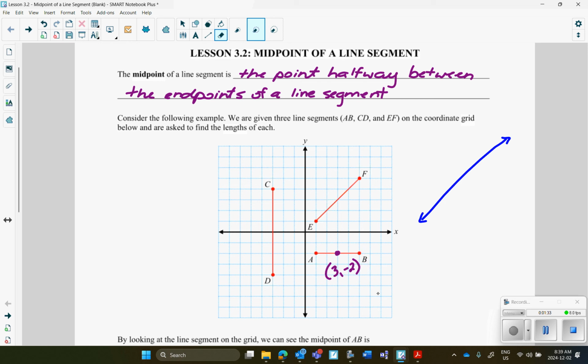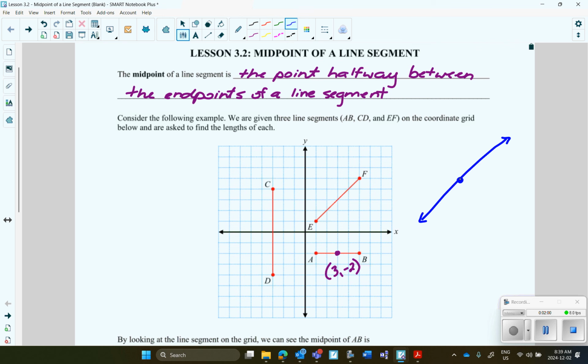If I asked you to find the midpoint of a line, you might look at this and think, okay, it's about halfway, so it would be about here. But we can't say that, because doesn't a line go on forever? If a line keeps going on forever and ever, we have no idea where the line ends, which means we have no idea where the midpoint is.